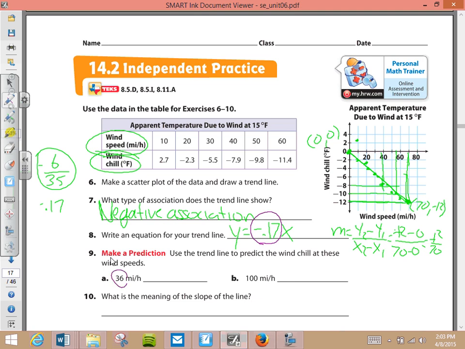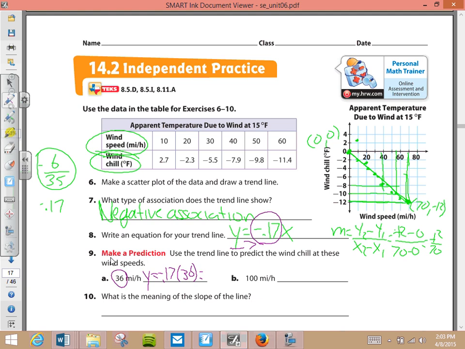36. How do you figure out 36 then? Plug it in, right? You plug it in, y equals negative 0.17 times 36, and that should give me the wind chill for that, right? So whatever you found when you calculated this on the paper that you're grading, type in 36, and that should give you the answer that should be on there.